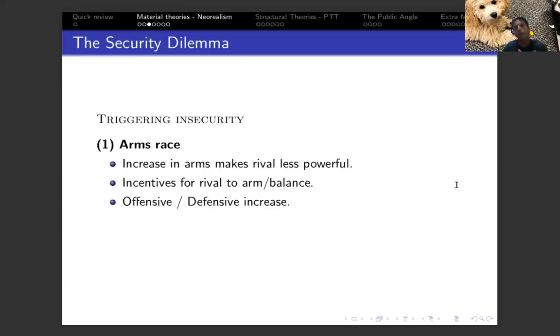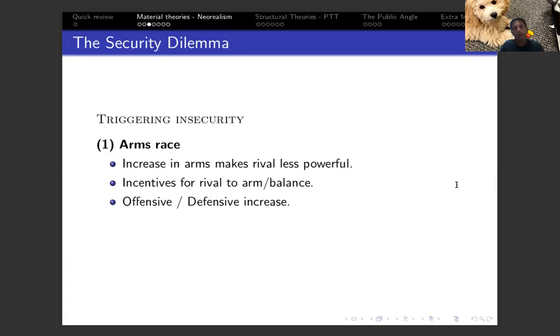There are two main types of actions that states engage in that might trigger this insecurity, might lead to extending or escalating the security dilemma, and eventually might lead to conflict and to both states being worse off. The first one is engaging in an arms race. It makes sense that increasing my own arms will make my rival feel less powerful.